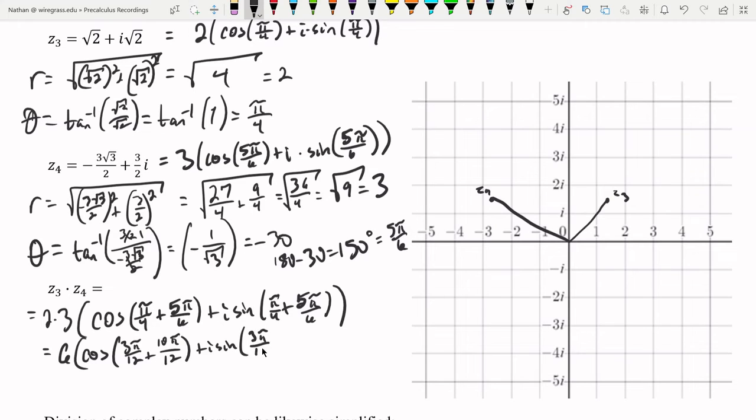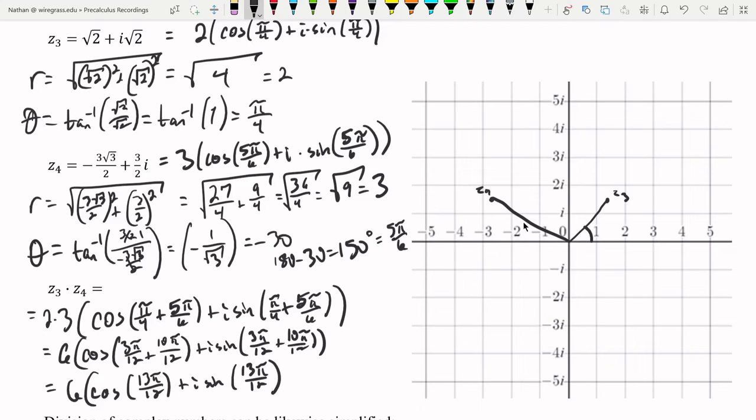Same process. So we get 6 cosine 13 pi over 12 plus i sine 13 pi over 12. So it's going to be a little bit past pi, because 12 pi over 12 is just pi. Whatever this angle is, that's pi over 4.